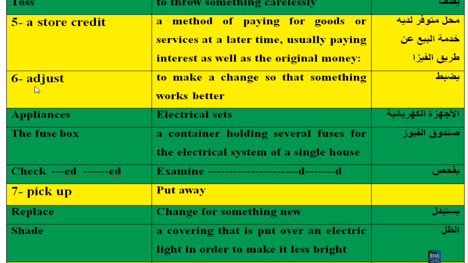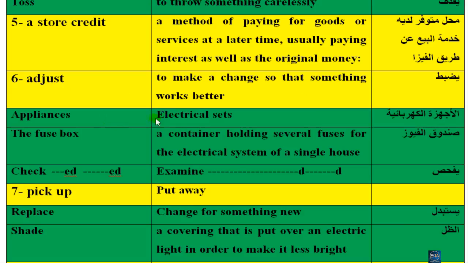6. Adjust, to make a change so that something works better. T as soft D and R, better.